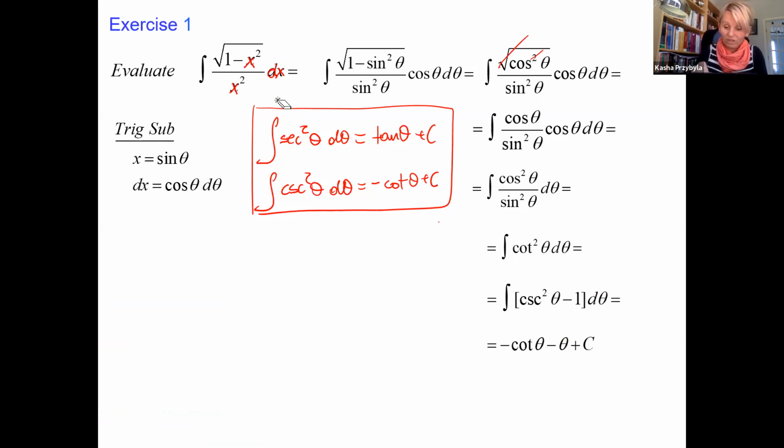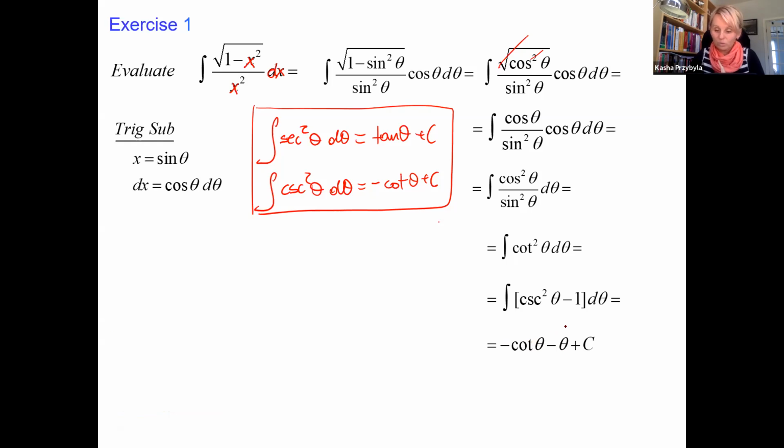Okay, I will erase this, or maybe I can keep it, because we need some additional exercise. But we remember the first slide: the final answer we have to present in terms of x.